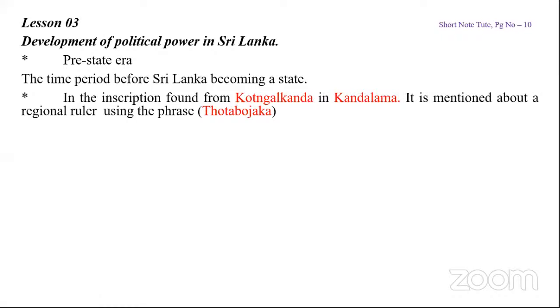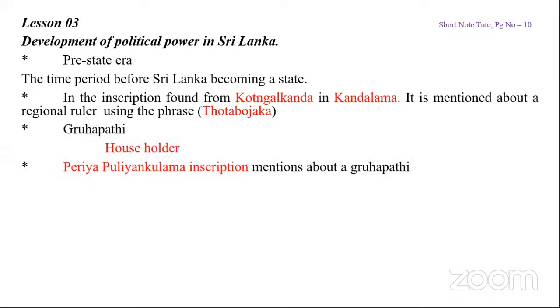In the inscription found from Kotgalkanda, it must be spelled K-O-T-H, Kotgalkanda, in Kandalama, it is mentioned about a regional ruler using the phrase Totabojaka. This was the first instance that we got information about a regional ruler. Totabojaka means the pot eater.